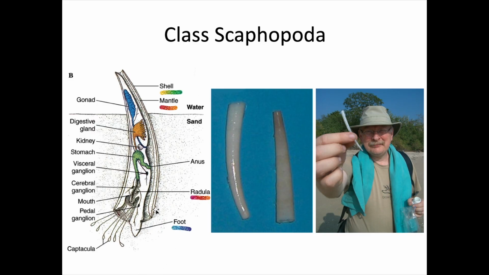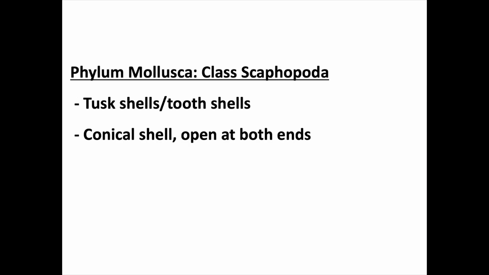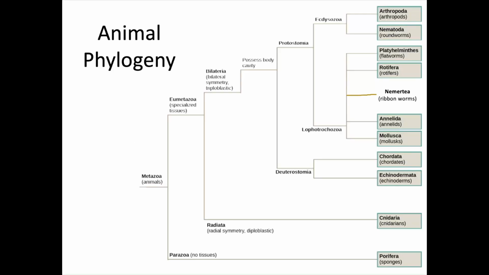There's your muscular foot. There's some radula for scraping pieces of food. There's the mantle, there's the shell, all the things that all these mollusks are supposed to have. So I'm not going to say much about the details here, just that these Scaphopoda are known as tusk shells or tooth shells. They have a conical shaped shell that is open at both ends.